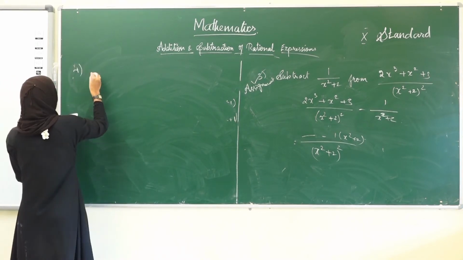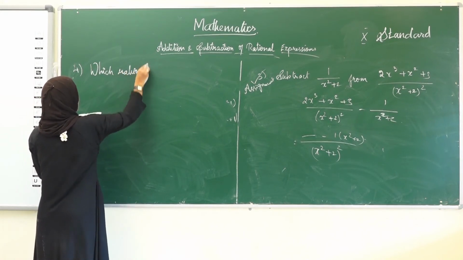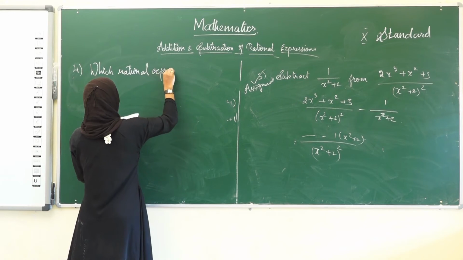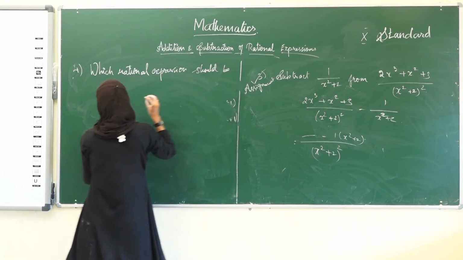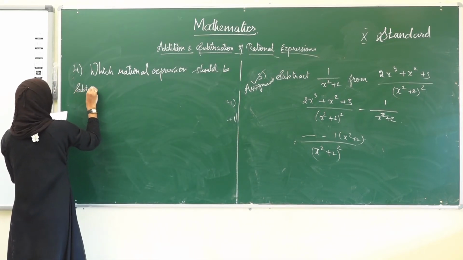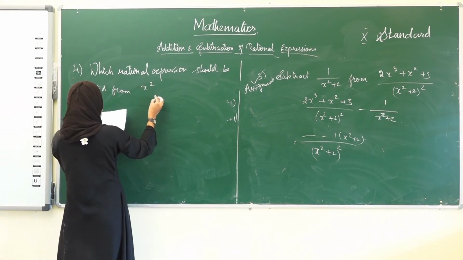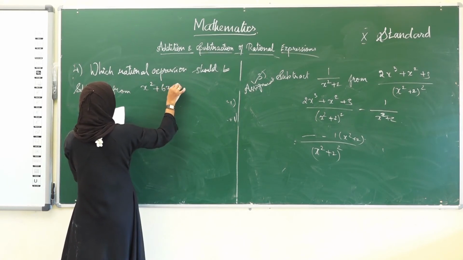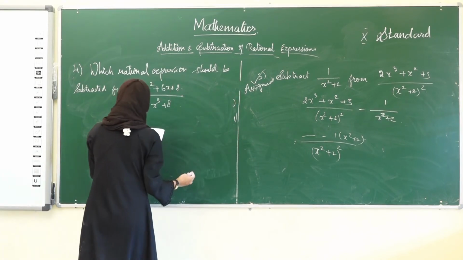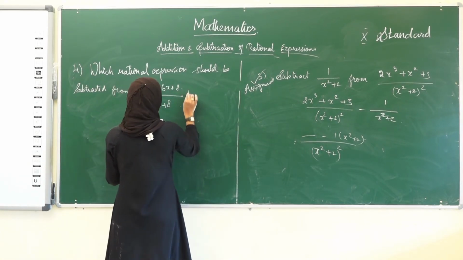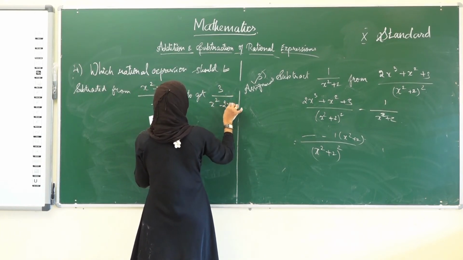Fourth sum is, which rational expression should be subtracted from this, x square plus 6x plus 8 divided by x cube plus 8, to get 3 divided by x square minus 2x plus 4.